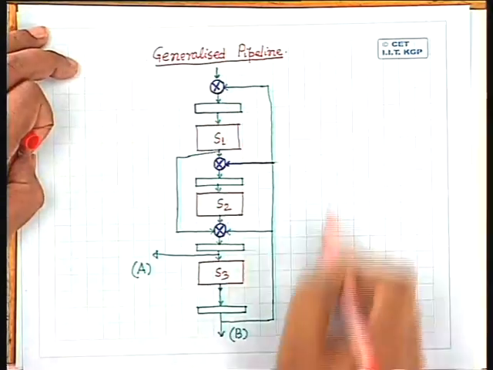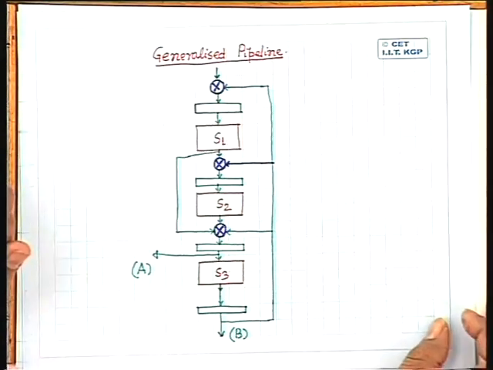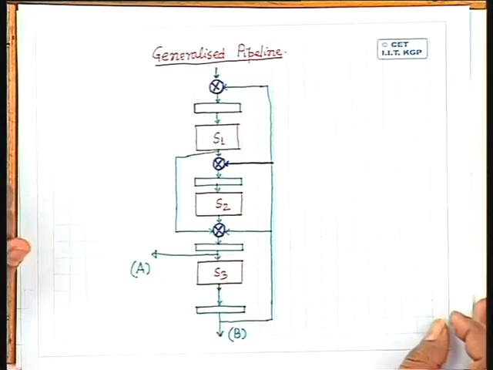What I have shown is a very, very simplified situation, but this can be complicated. In the case of a generalized pipeline, it is possible that more than one computation stage will be used during the same instant of time.